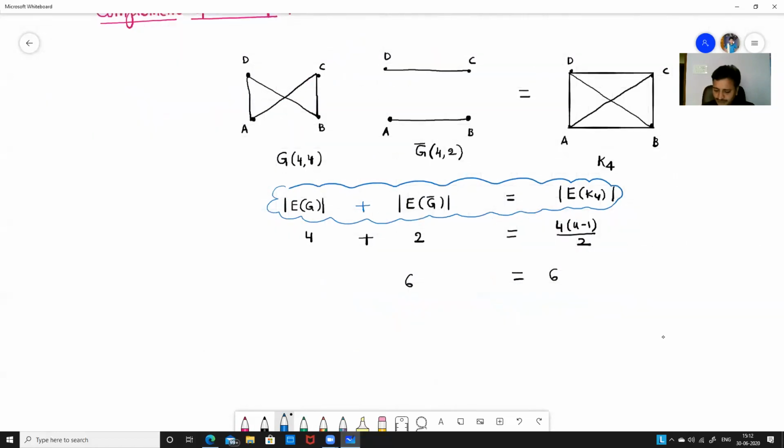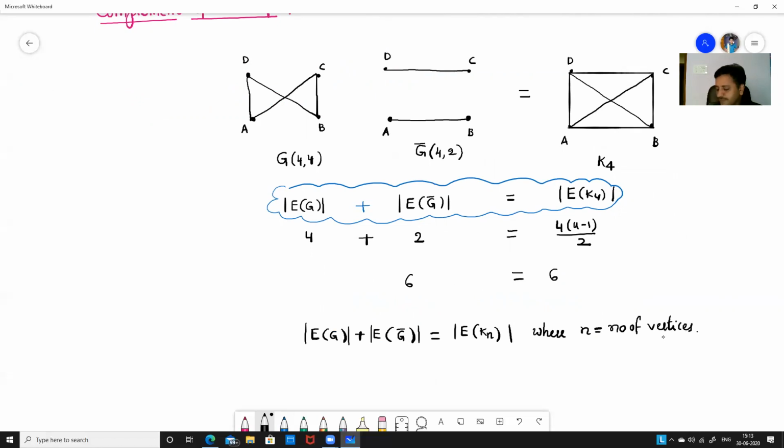In general, we can generalize it like this: the number of edges in the given graph plus the number of edges in G bar must be equal to the number of edges in Kn, where n is equal to the number of vertices. This is the most important point you have to remember.